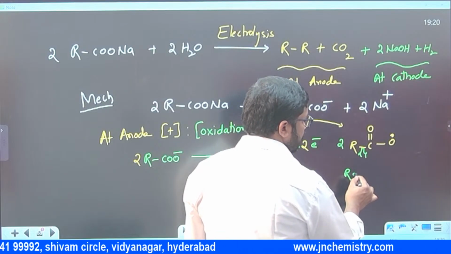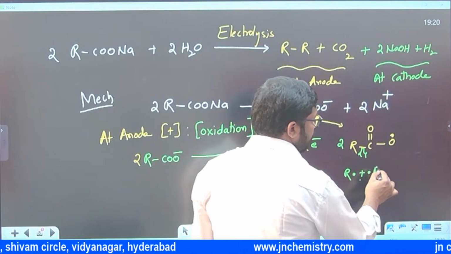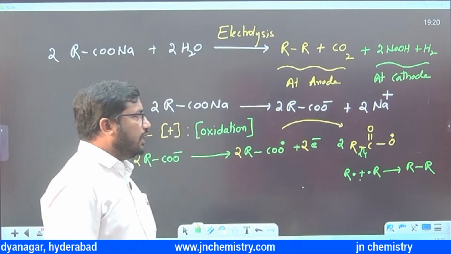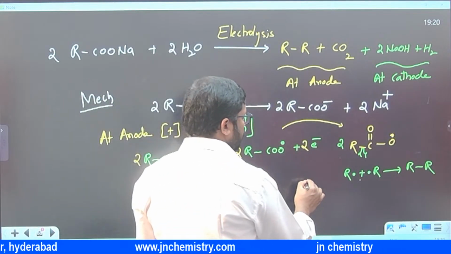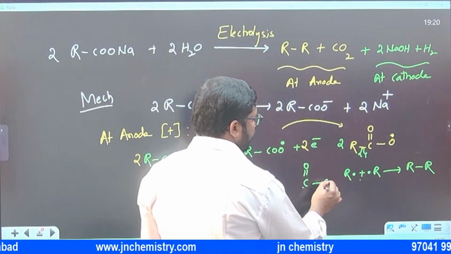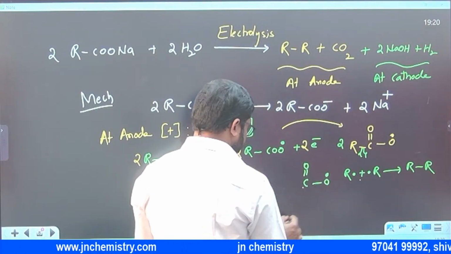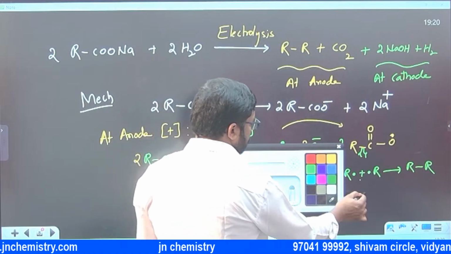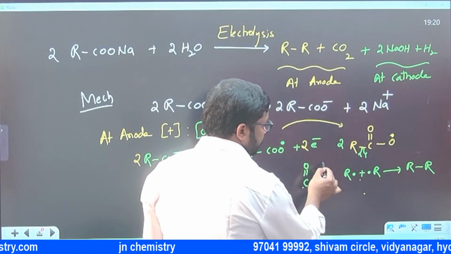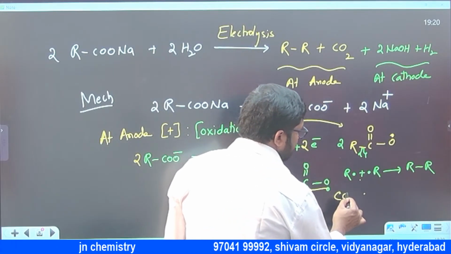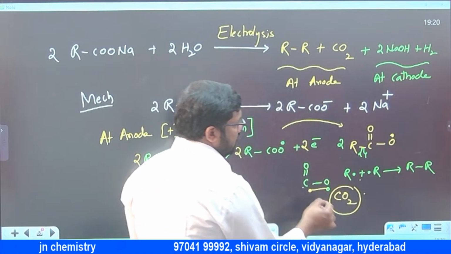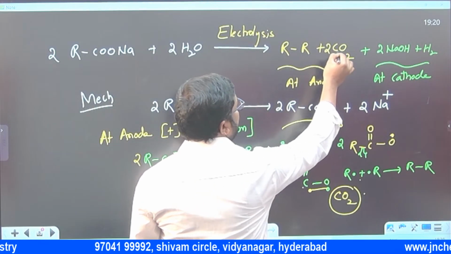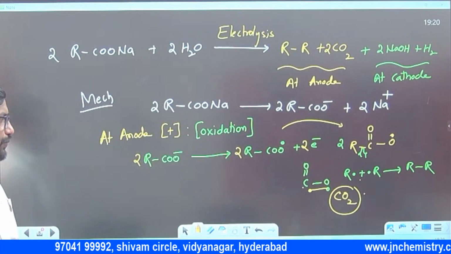R radical plus 1 more R radical, R-R is forming. And C double bond O radical, here 1 more radical is coming from here. They are forming a bond, which is CO2. If you take 2 moles, we will get 2 moles of CO2.